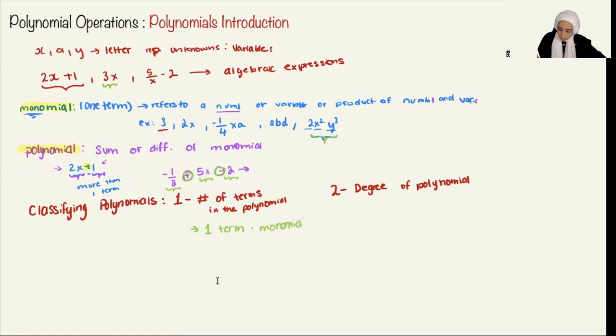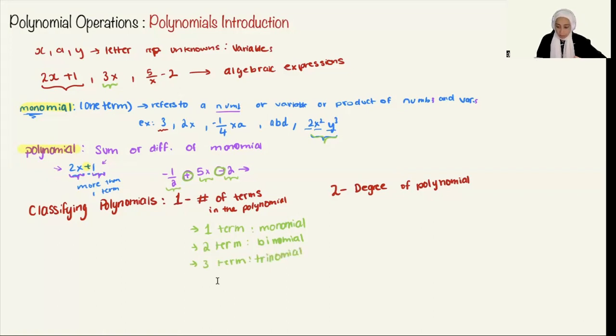We already talked about that. If I have two terms, the Latin word for this is bi. Bi stands for two, so binomial. Okay, and then three terms, this is called a trinomial. And honestly, they kind of gave up after that.